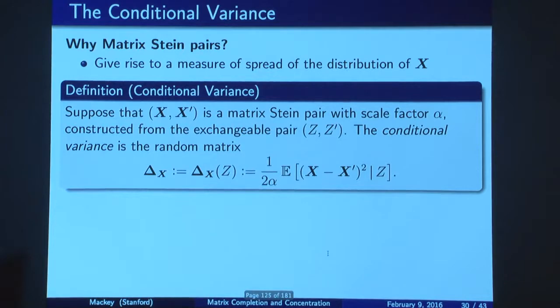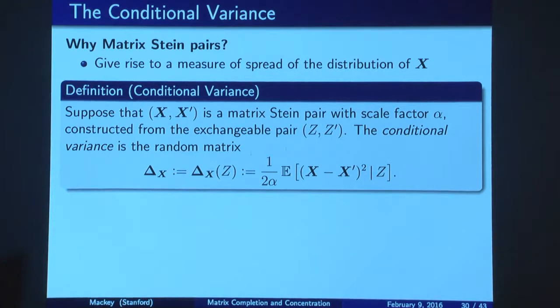The second reason is that these Stein pairs give rise to a measure of the spread of your distribution directly. So we need to define another quantity, which is probably the most important quantity of this part of the talk. It's called the conditional variance. And it says that if you have a matrix Stein pair, (X, X prime), and it's based on your exchangeable pair, (Z, Z prime), you want to consider the conditional expectation of (X minus X prime) squared conditioned on Z. We're going to call that the conditional variance.